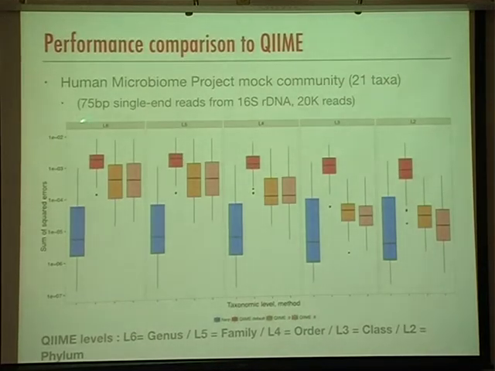And you can see, so this is genus level going over to phylum level, that as you go outwards, the relative performance of using QIIME with relatively loose thresholds improves pretty dramatically. But the more principled approach, using HARP, is consistently doing well.